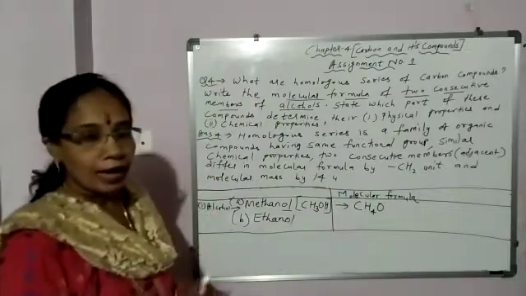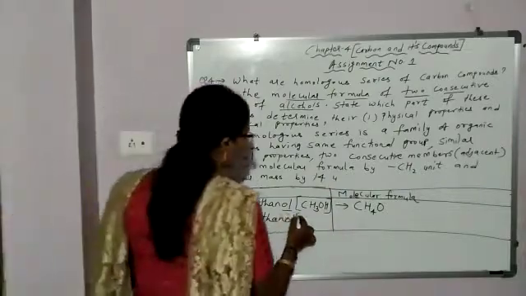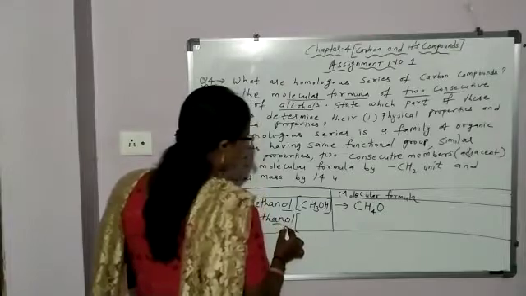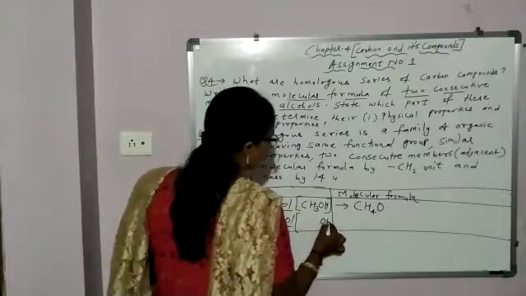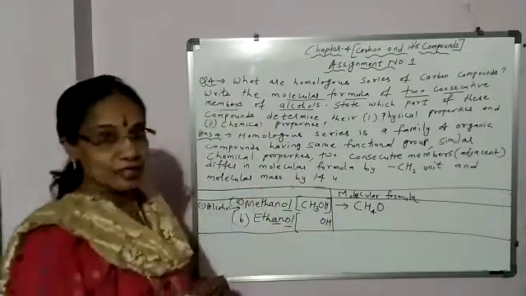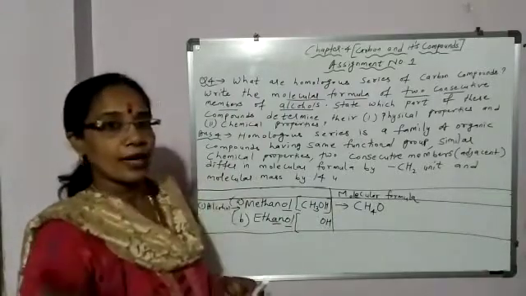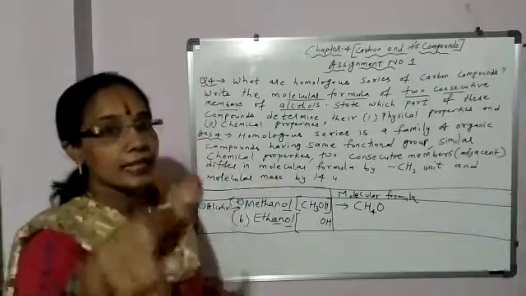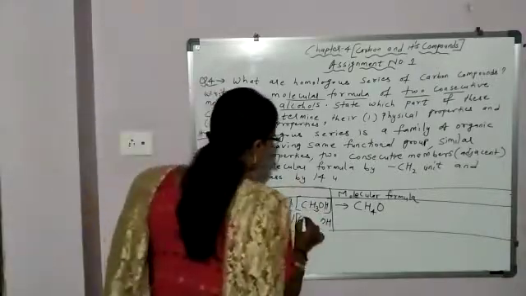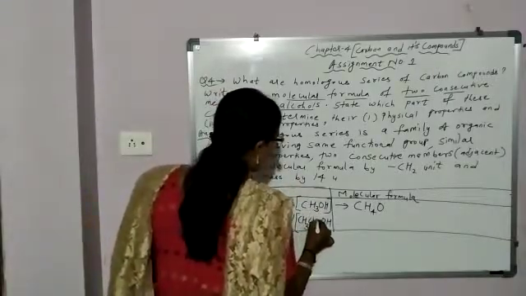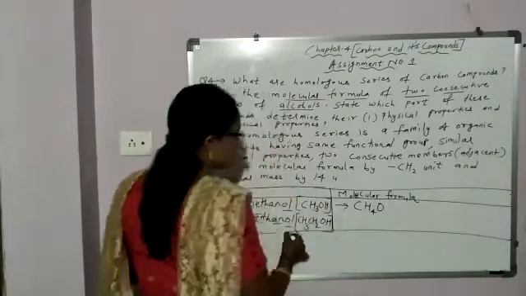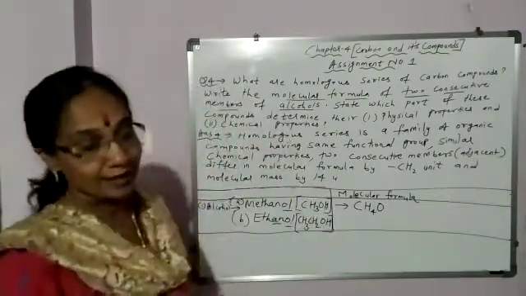Then ethanol, eth means 2 carbon atoms. And ane means single bond, ol means OH. So what is ethane? C2H6. Remove one H, add OH. So CH3, CH2, OH, ethanol.